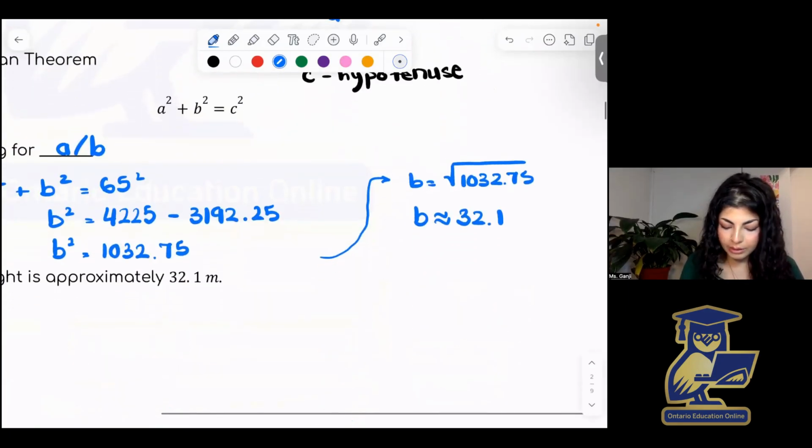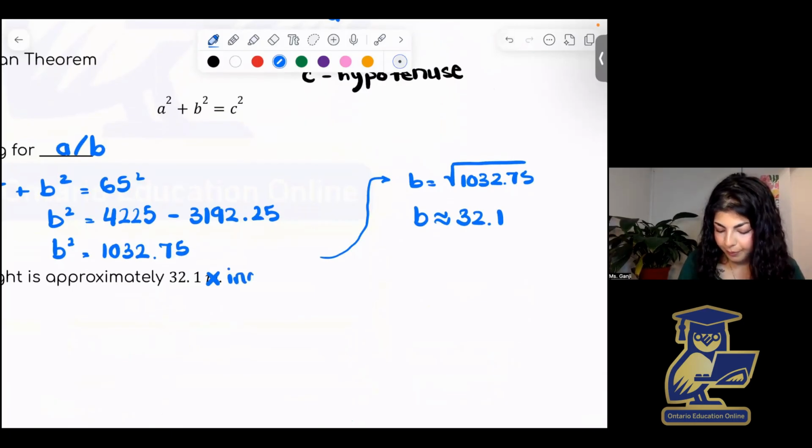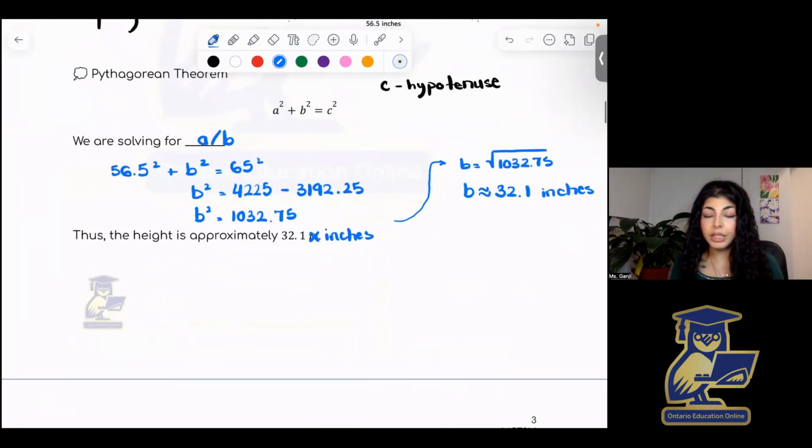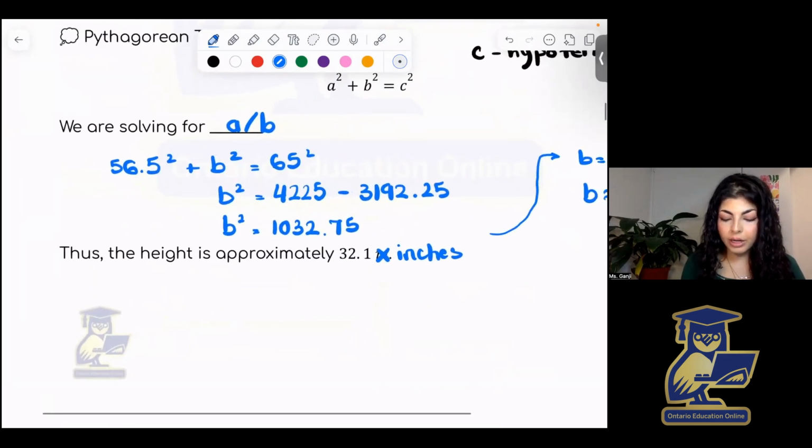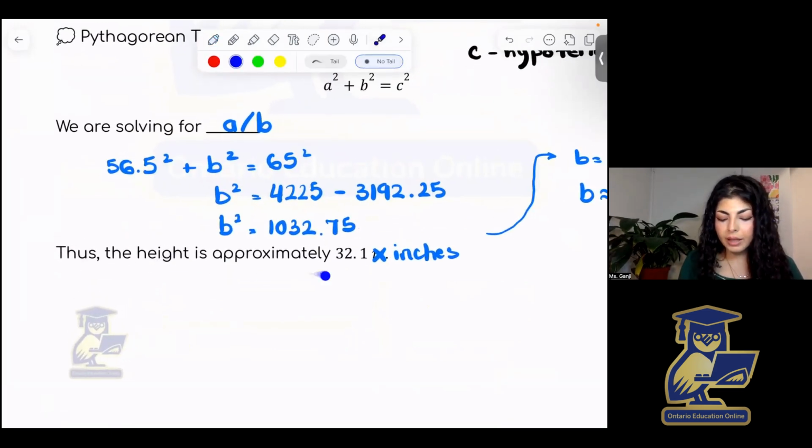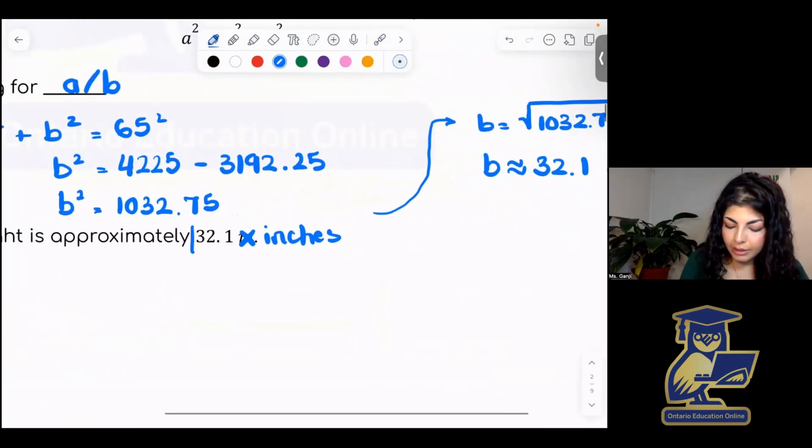And my unit was, oh, sorry, I have to fix this. This should be inches because we were working with inches. So b is 32.1 inches. And remember, with word problems, you do have to have your concluding statement. So here, the height is approximately 32.1 inches.